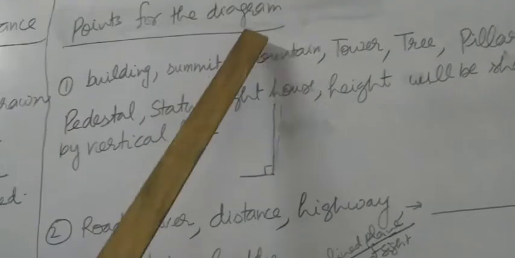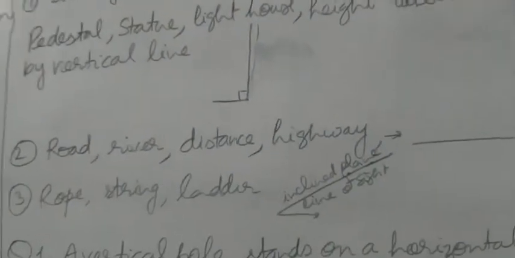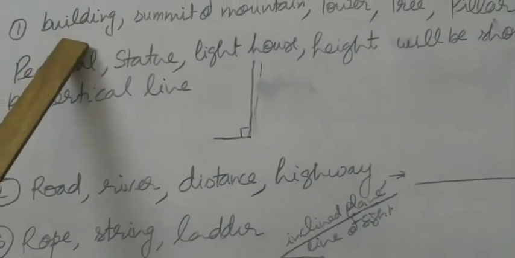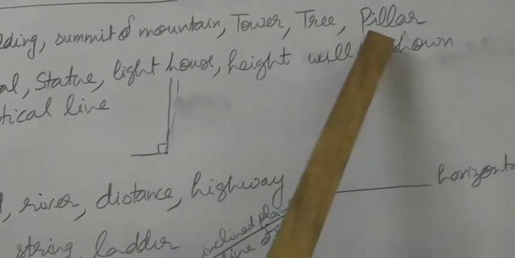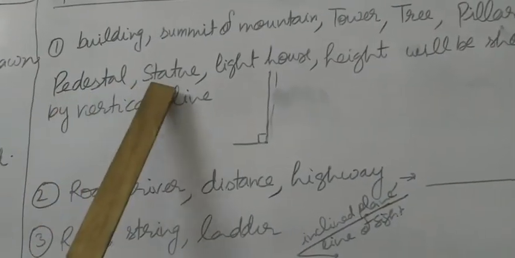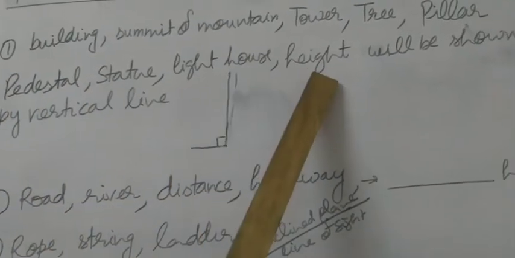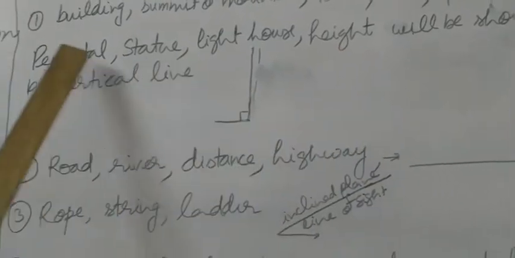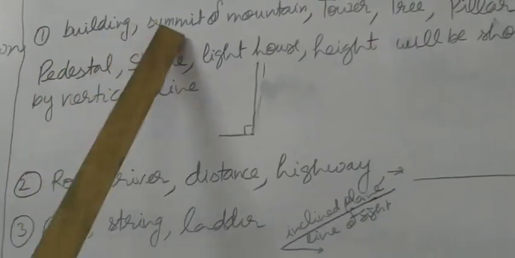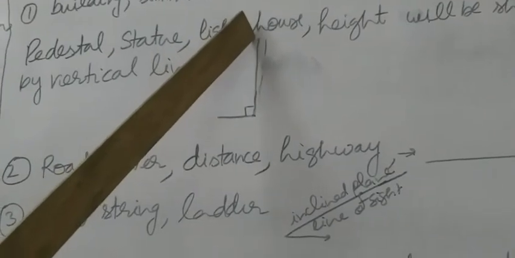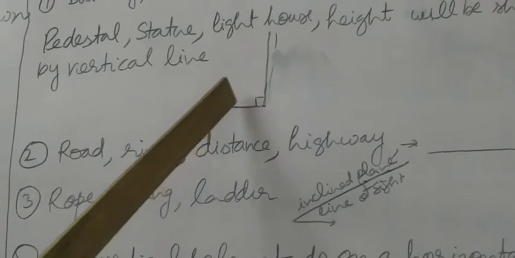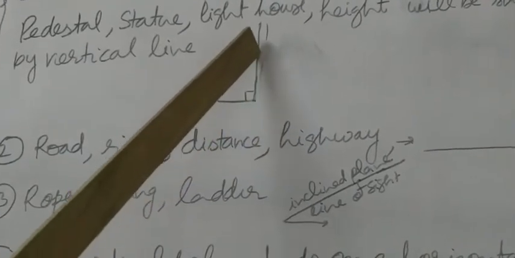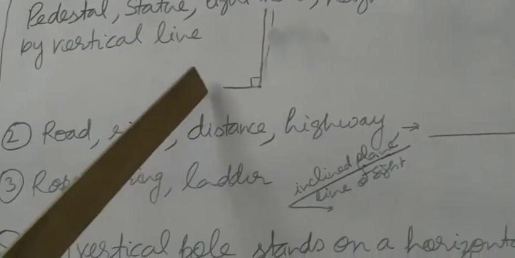Okay. Now students, some points you have to remember to draw the diagram. Suppose you want to draw a building, summit of mountain, tower, tree, pillar, pedestal, statue, lighthouse, height, you have to show all these things by a vertical line, which makes an angle of 90 degrees with the horizontal line.